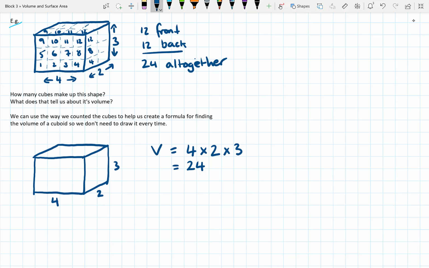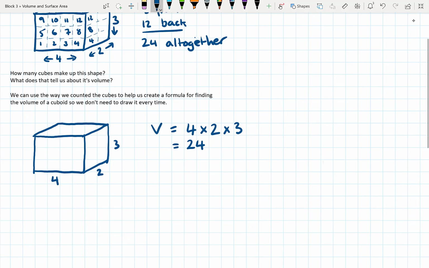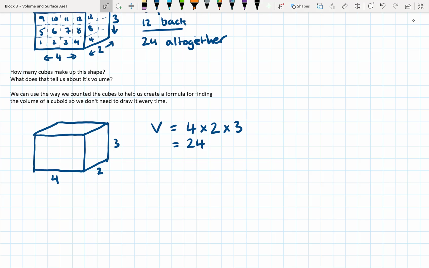Generally speaking though, we're not always going to have those numbers, but there is going to be the length, the breadth, and the height. So the volume of a cuboid is found by doing length multiplied by breadth multiplied by height. And I'm going to put that in a little box.